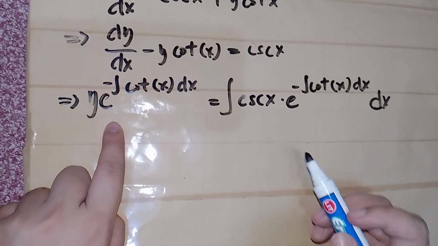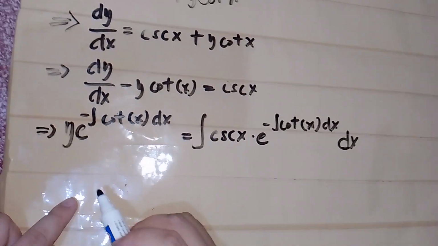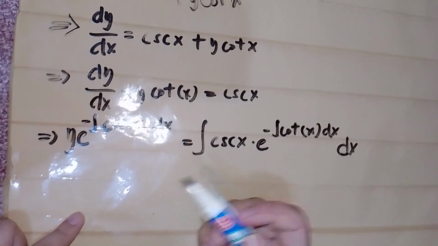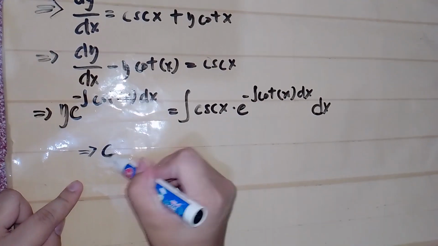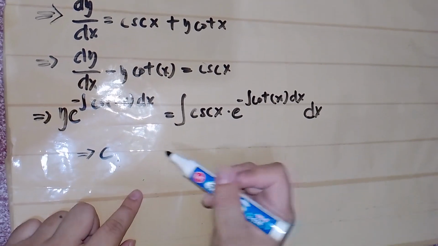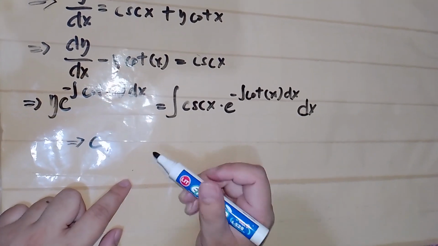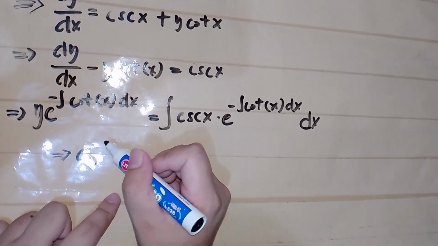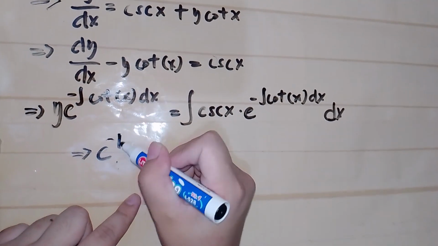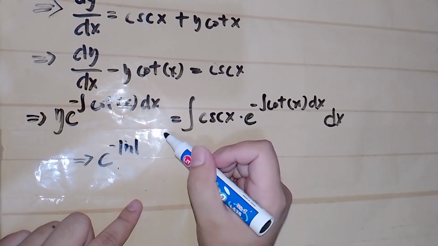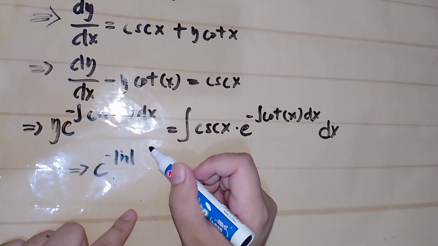The one above is what we integrate, so we have e raised to the integral of cotangent x, which is simply a negative ln of sine x.